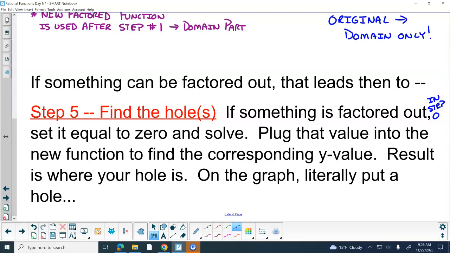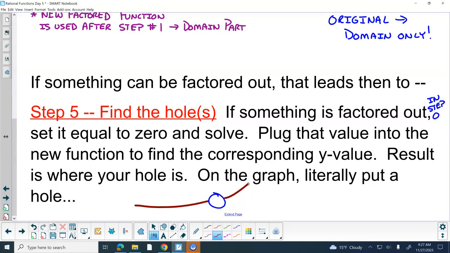And literally on your graph, you are going to put a hole. So your function is going to look like this, and then it's going to have a huge hole in it, and then it's going to continue on. So your function is actually going to have a legitimate hole in it, and nothing's going to fill in that hole.